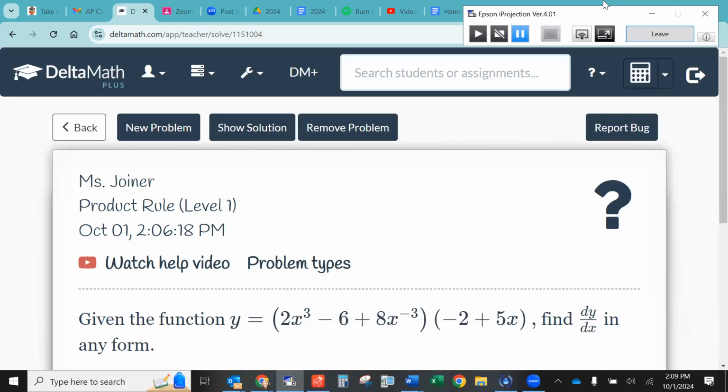When you type in your answer, you want it to look like that. Do you see what I'm saying? You'll just do this times this plus this times this, and don't times it all the way out. Got it?